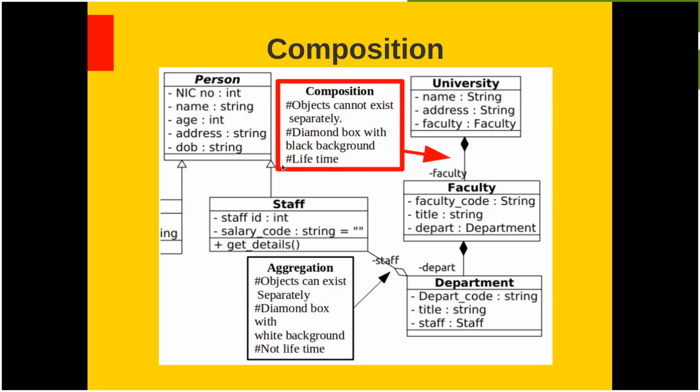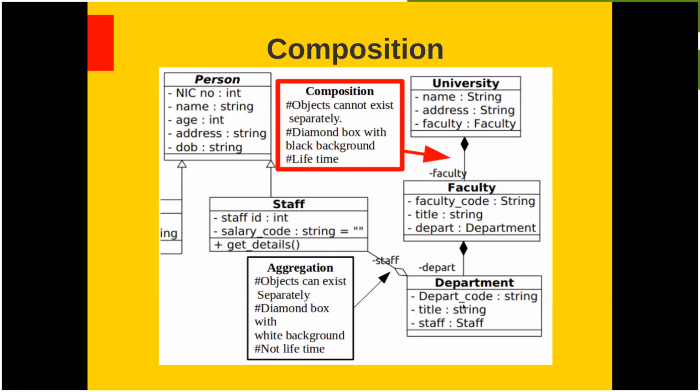It is a lifetime relation, but here all the attributes are separate, not like staff and person. Here the NIC number of the staff is the same, and the student also has a NIC number. Those are inheritance.